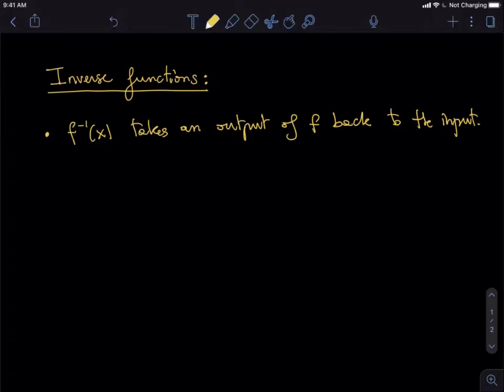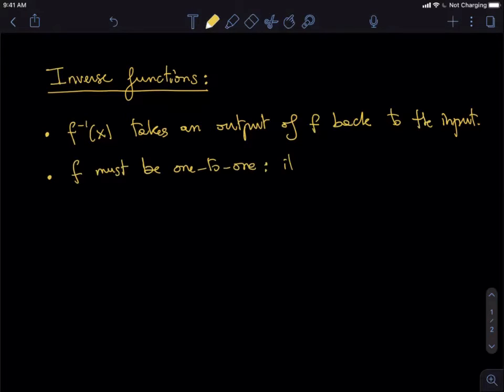Here it's very important that the function is one-to-one. f must be one-to-one. Why do we need this?